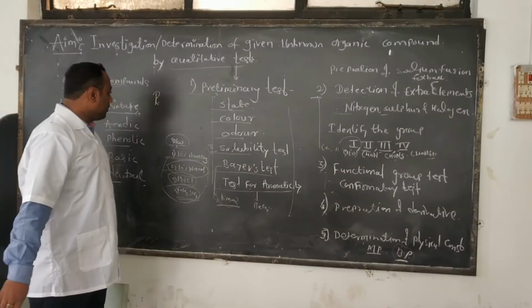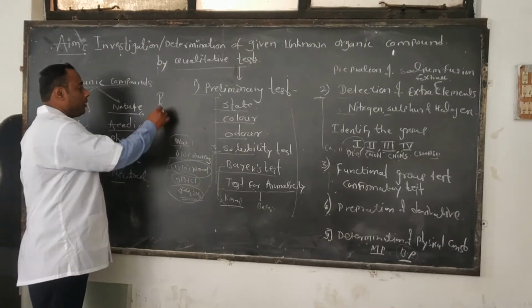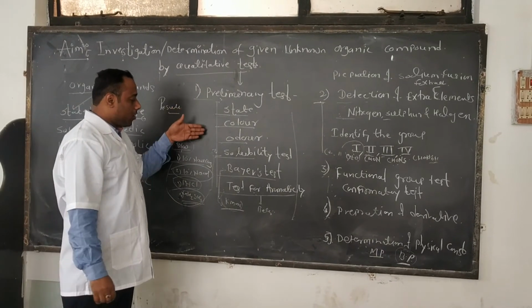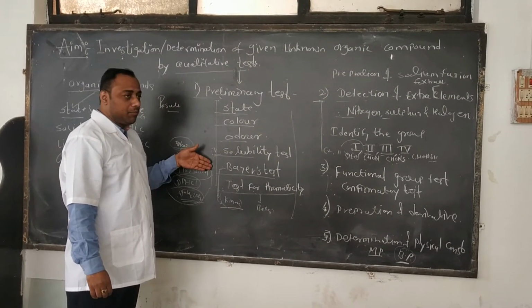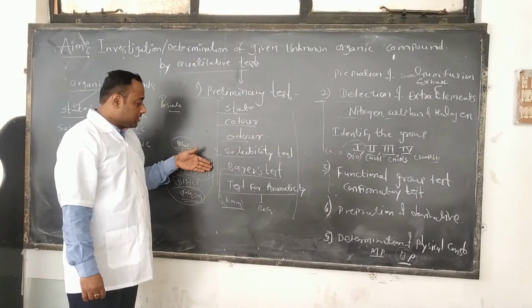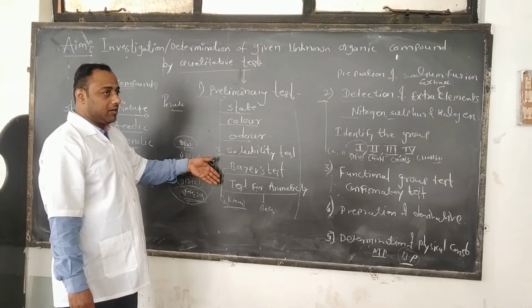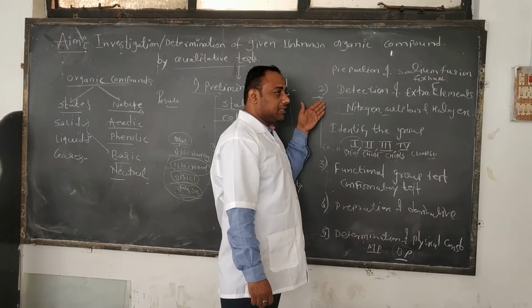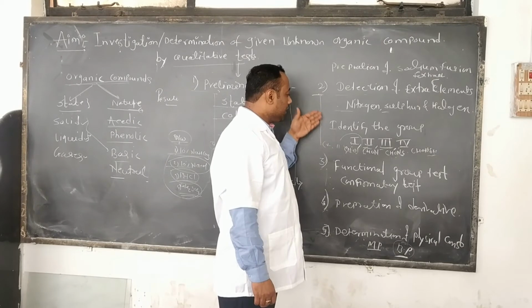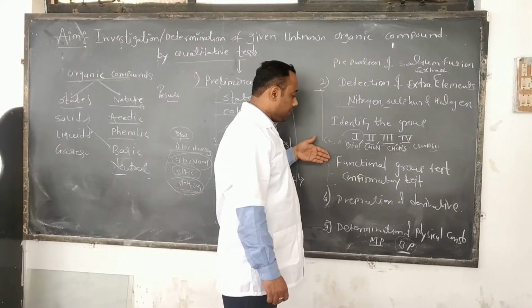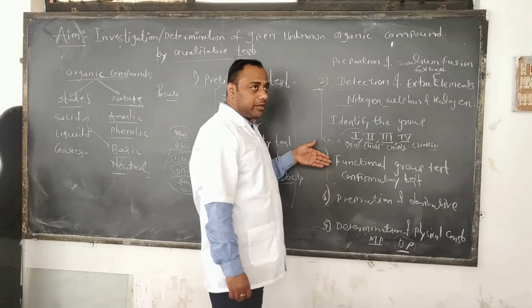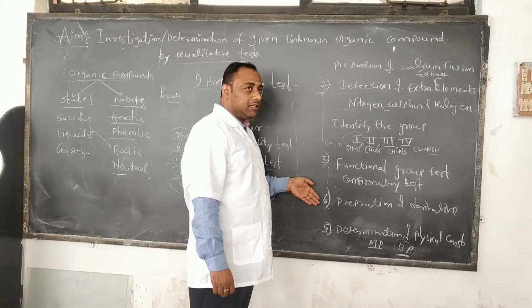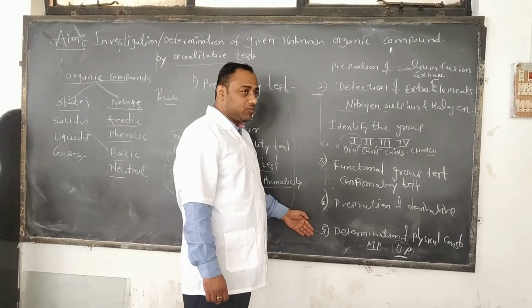Upon completion of all the tests, you have to report the result in this fashion: state, color, odor, then solubility, whether this compound is saturated or unsaturated, or it may be aromatic or aliphatic in nature, which type of elements are present in this organic compound, then under which group this organic compound falls, then which confirmatory test you have to perform for confirmation of this given unknown organic compound, then derivative preparation and the physical constant.